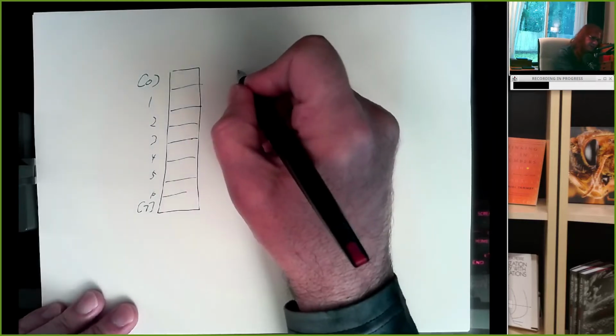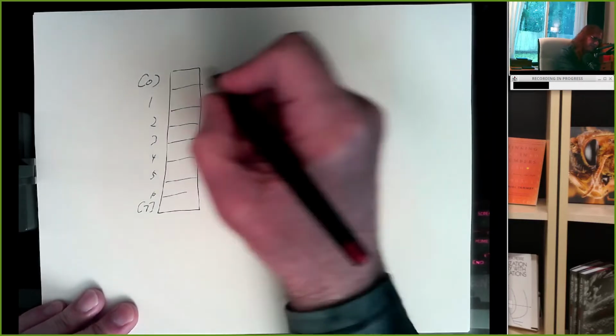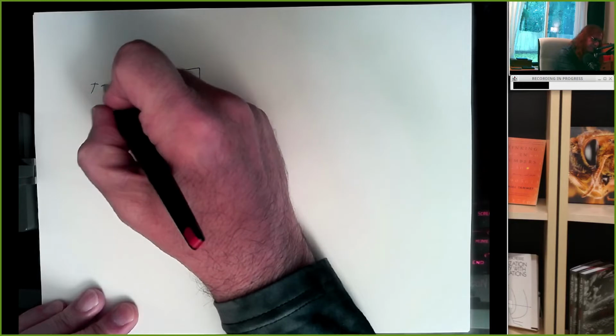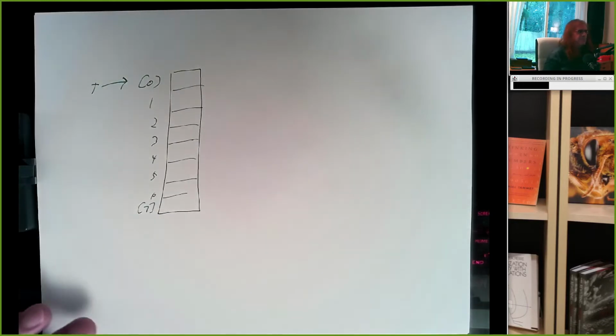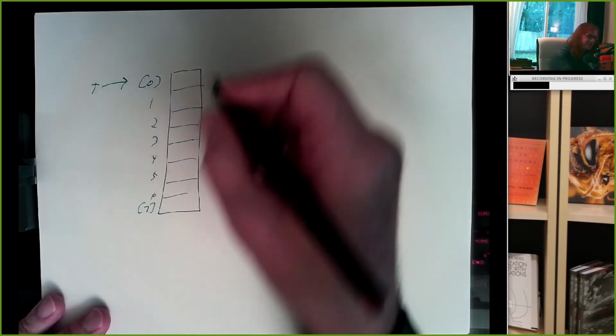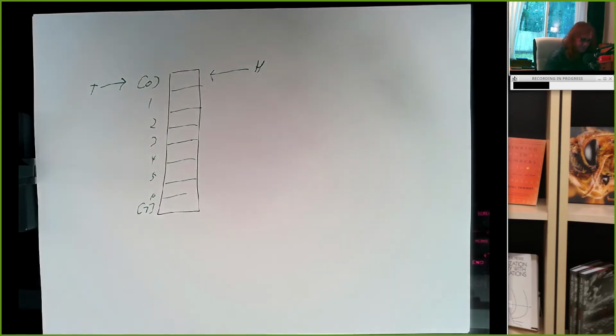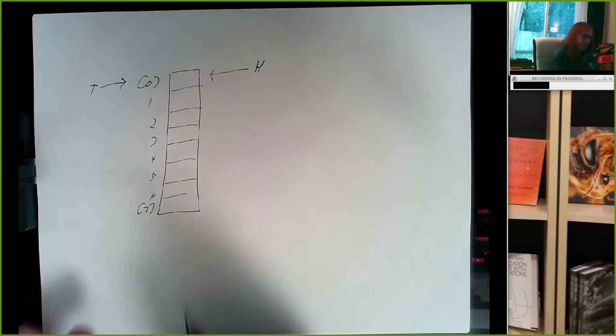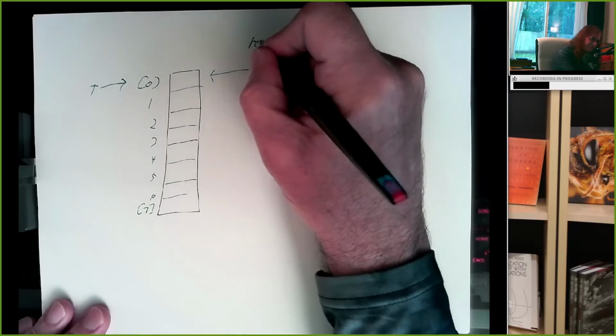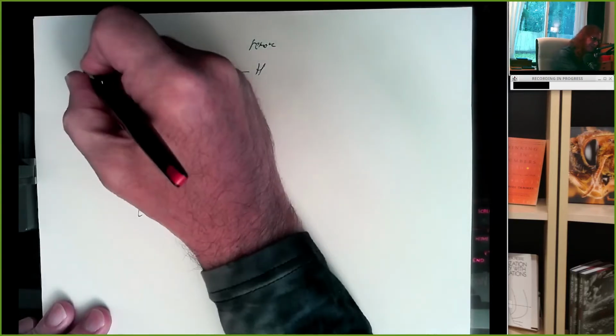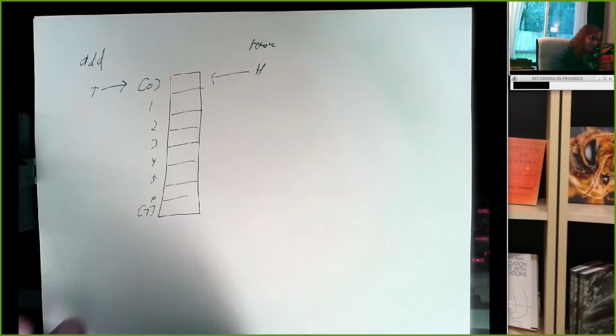And I'm going to have a pointer called tail, or t, which will tell me where the tail of the queue is. And I'm going to have a second pointer called head, which tells me where the head of the queue is. And remember, we remove from the head and we add at the tail.